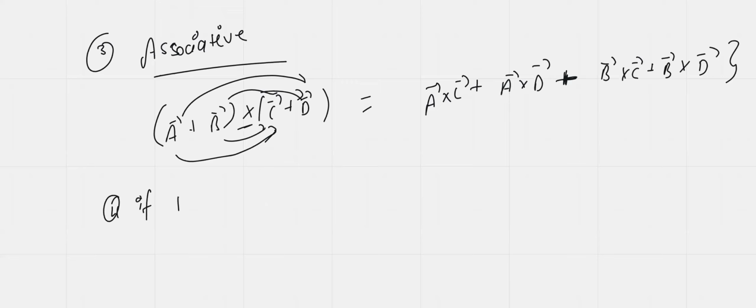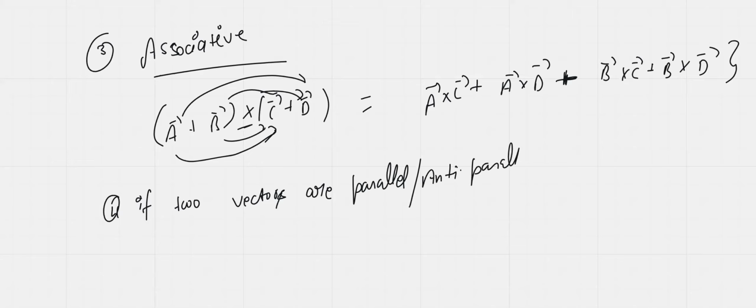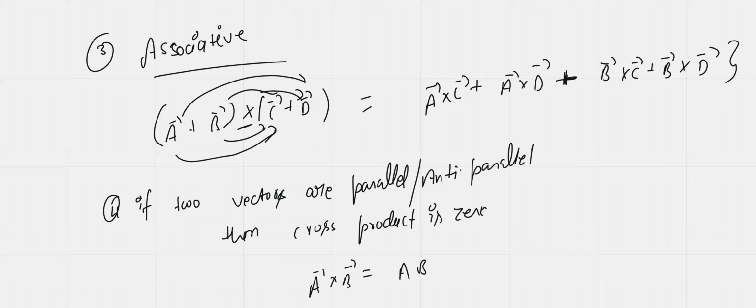if two vectors are parallel or anti-parallel, then the cross product is zero. Meaning to say A cross B comes out as AB sine theta.